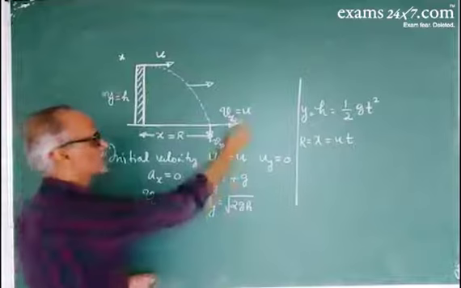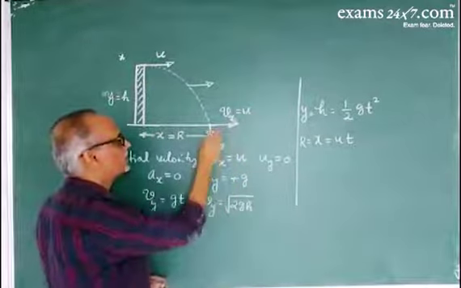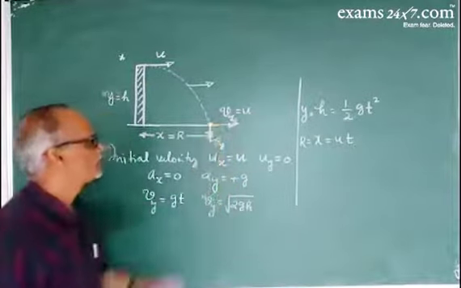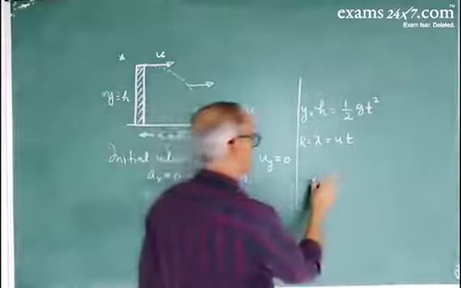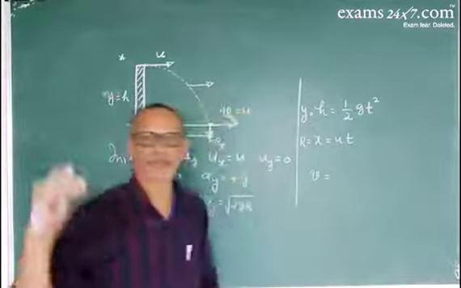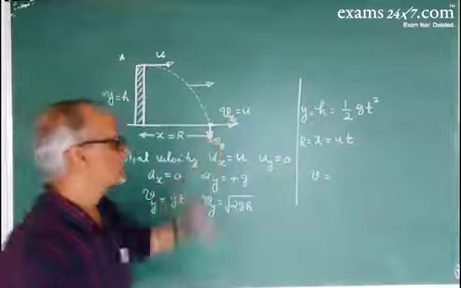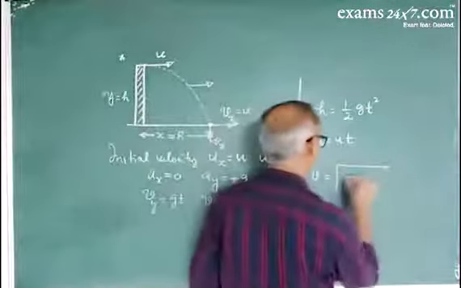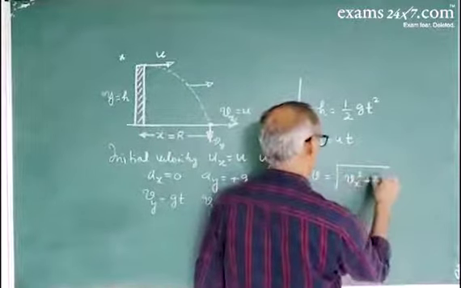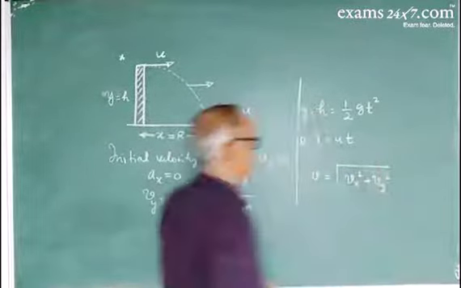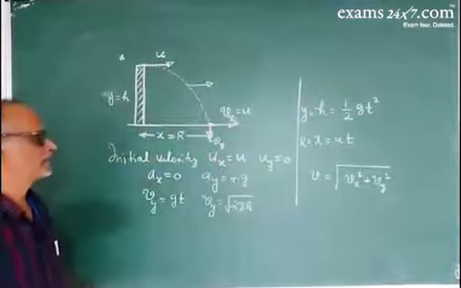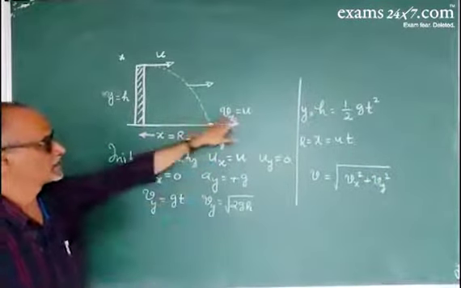When we know the horizontal component and the vertical component on reaching the ground, how to find the resultant velocity? This is the velocity with which the projectile reaches the ground. The two vectors are perpendicular, so the resultant is the root of Vx square plus Vy square. The value of Vx here is nothing but u.